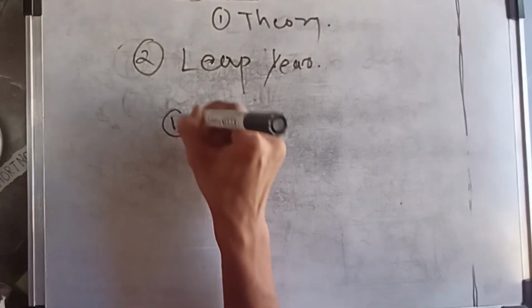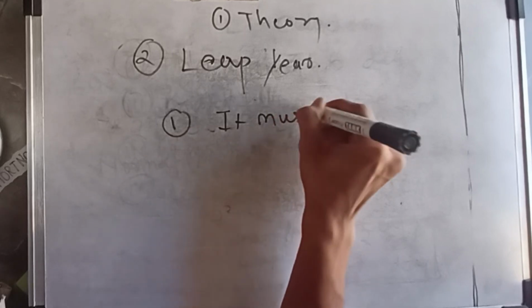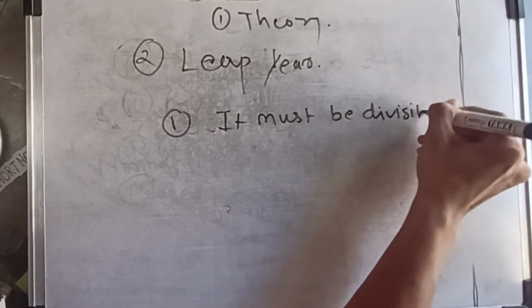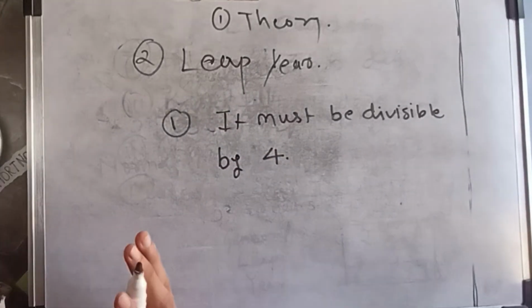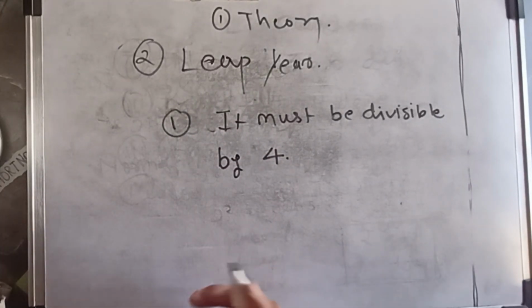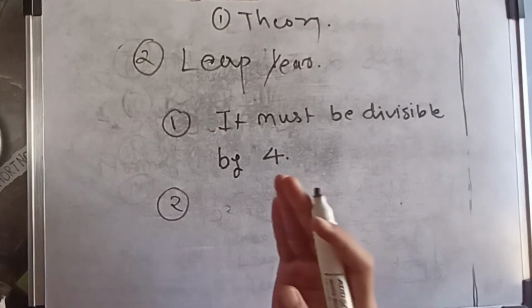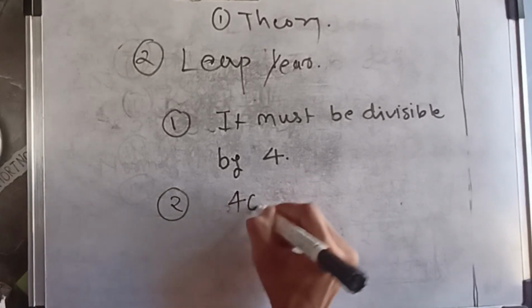The first rule is it must be divisible by 4. If it is so, it is a general leap year. But if it is a centurion year, then to qualify as a centurion leap year, it must be divisible by 400.